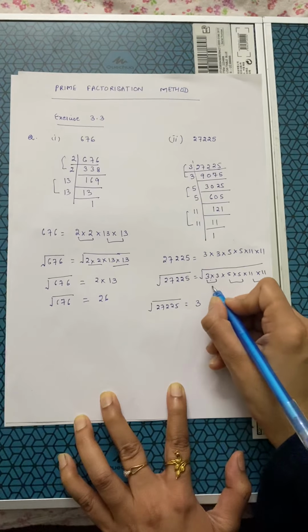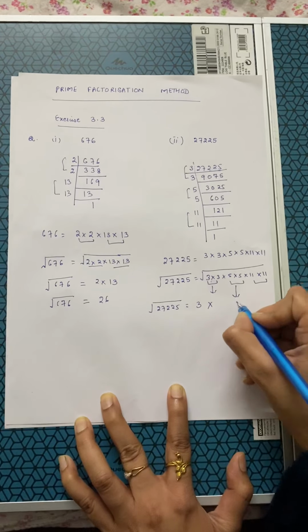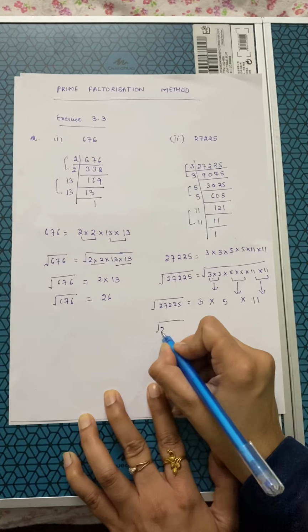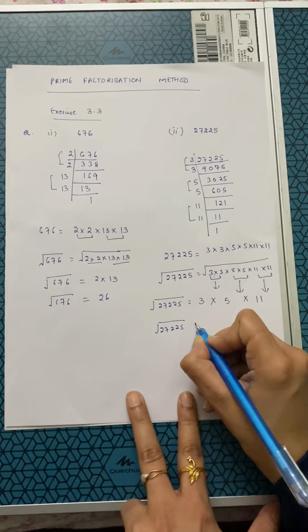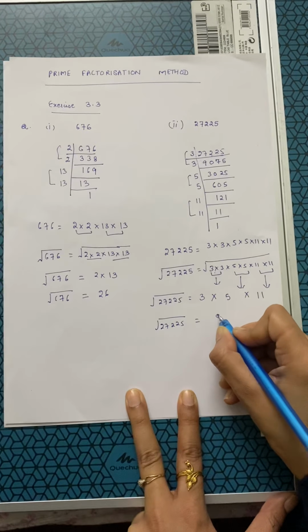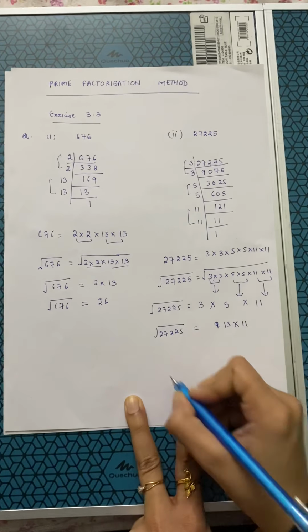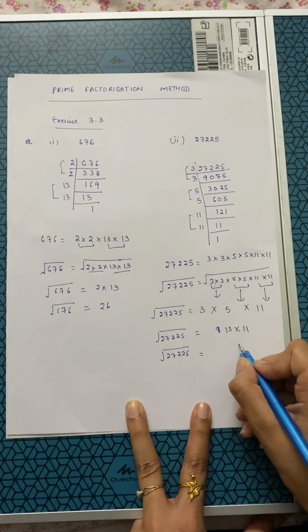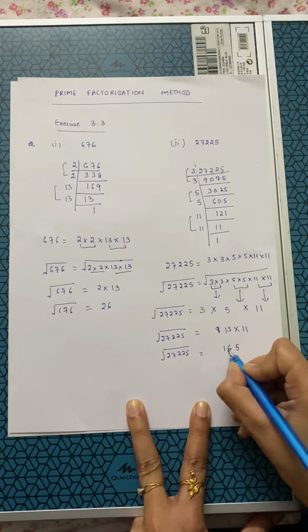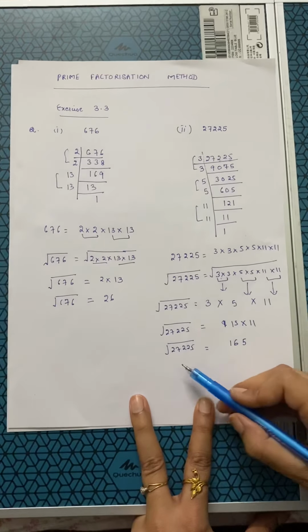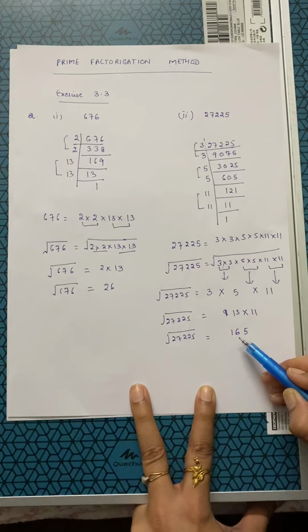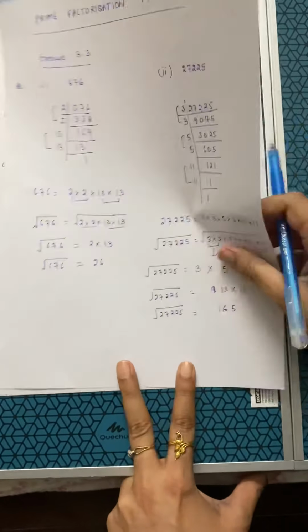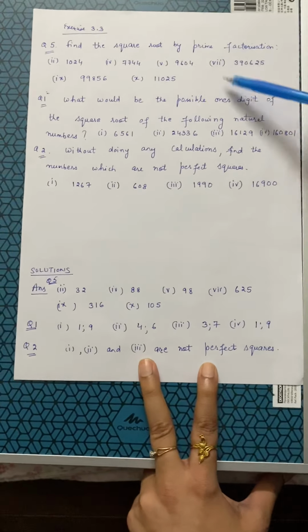So 3 once, multiplied by 5 once, multiplied by 11 once. It will be 15 into 11. So the square root of 27225, when I multiply, will be 165. So we can say the square root of 27,225 is 165. Now based on this, we will be discussing a few questions here, and you just need to try them.